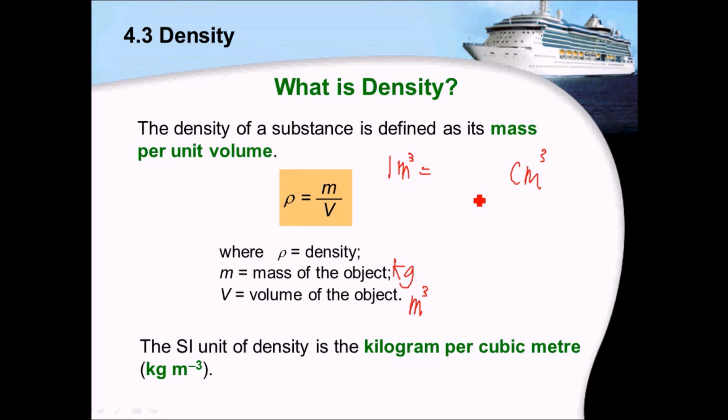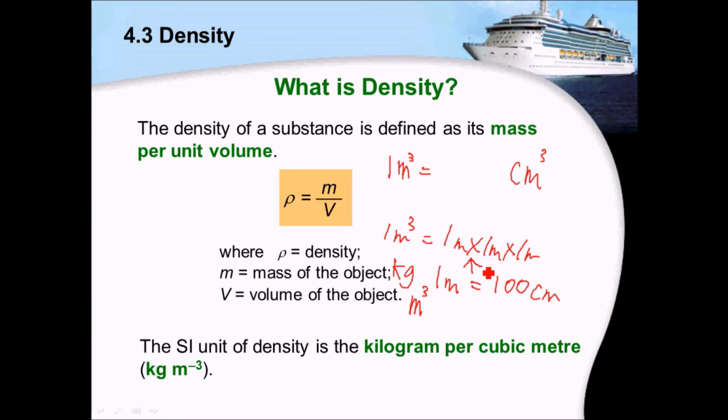That's not true. Now, to arrive at this answer, let us just look at what 1 meter is equal to. 1 meter is equal to 100 cm. So if 1 meter is equal to 100 cm, 1 meter cube will be equal to 1 meter times 1 meter times 1 meter. Am I right?